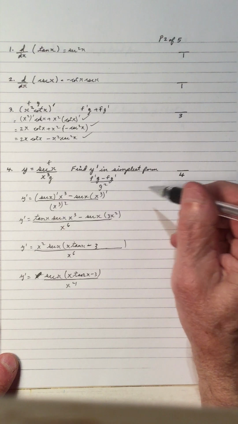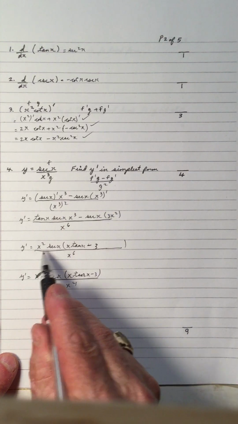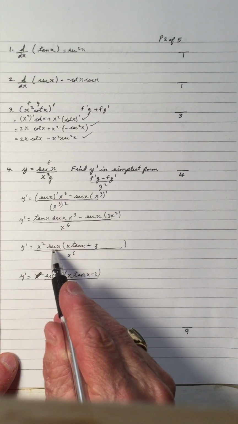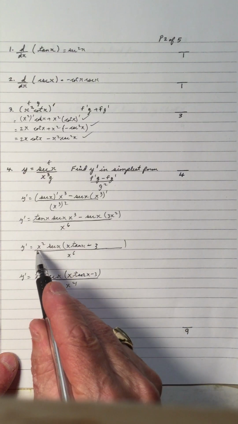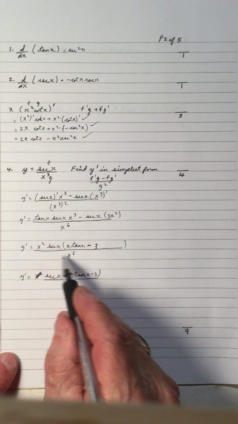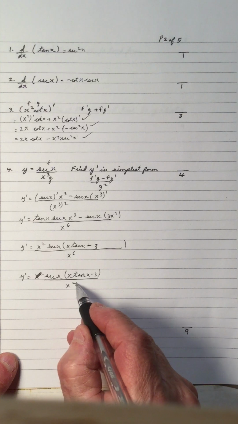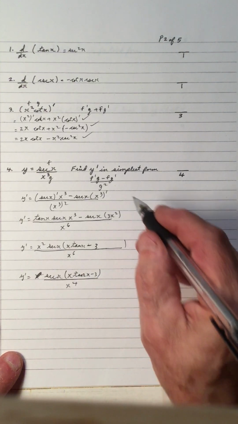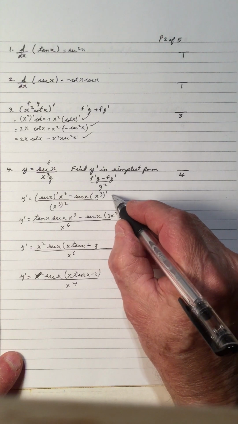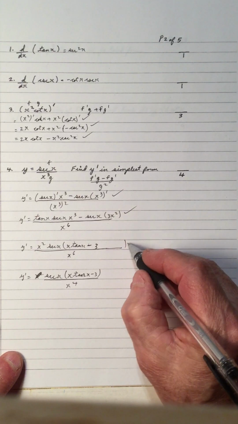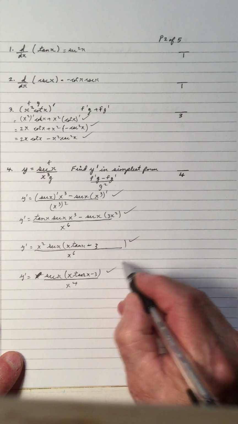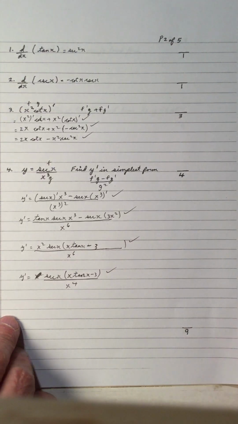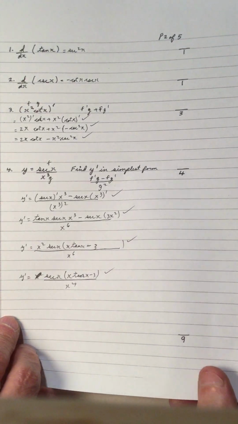Again, I took out the x squared and secant x, and I canceled out the x squared. When you're dividing, you subtract exponents. So 6 subtract 2 is 4. And there's 4 marks. So let's go with 1 mark for that, 1 mark for that, 1 mark for that, and 1 mark for that. 4 altogether. And we have a total of 9 for that page.